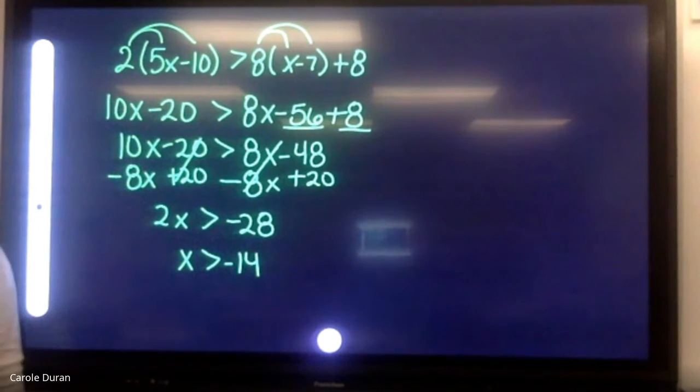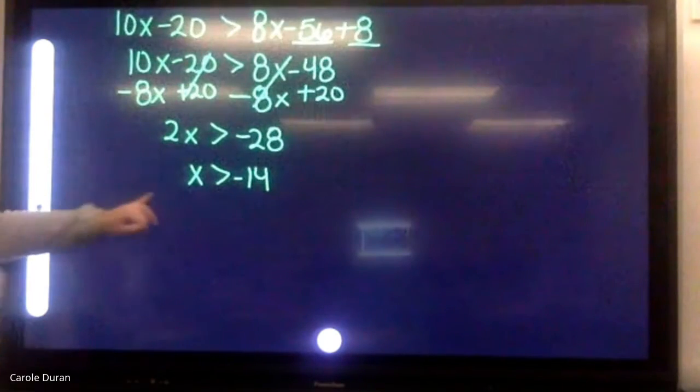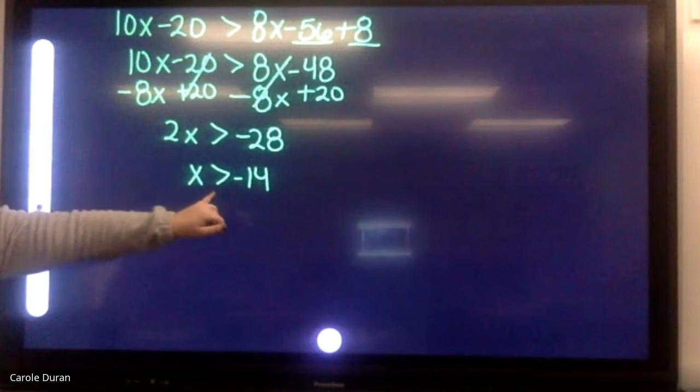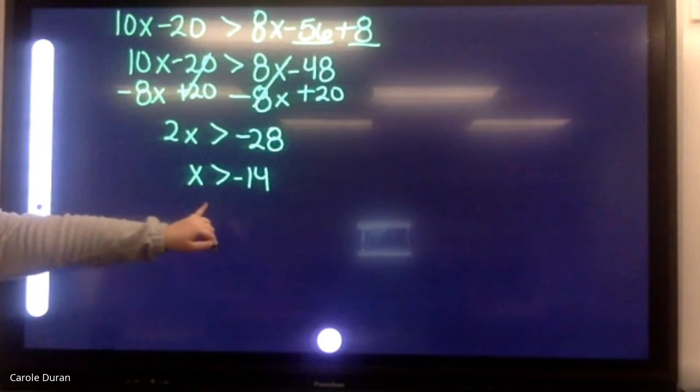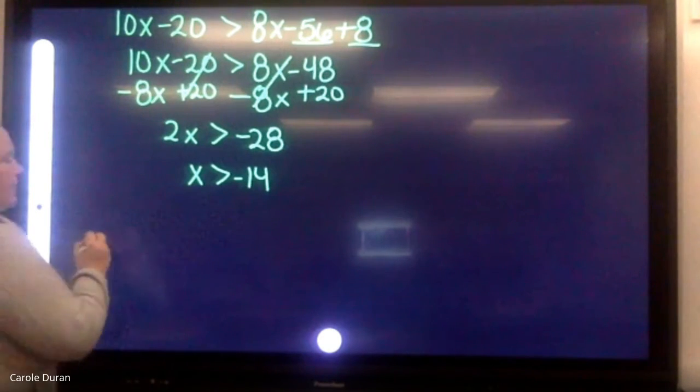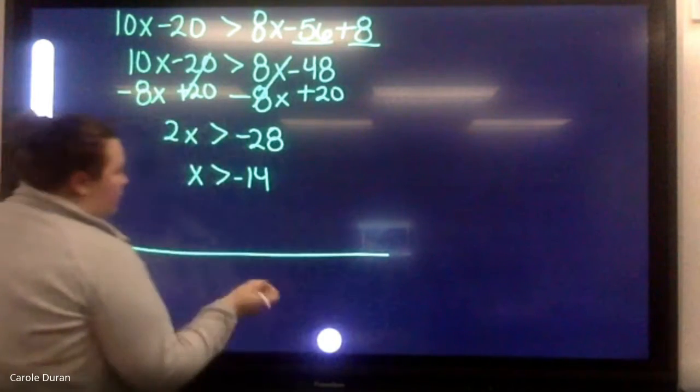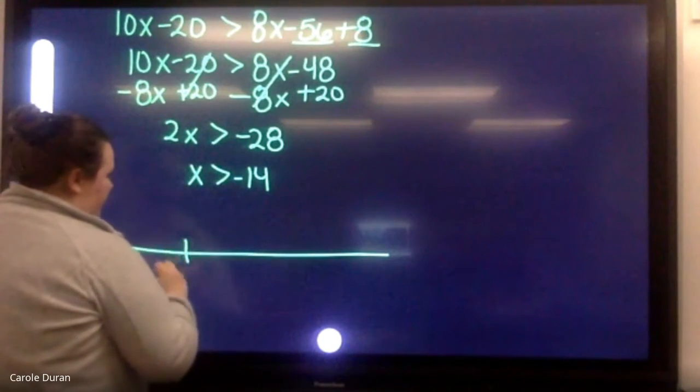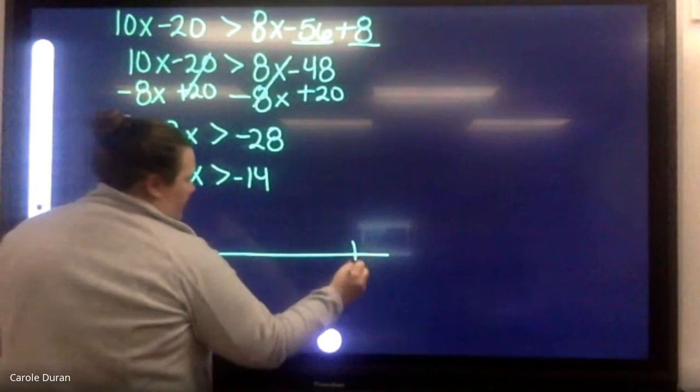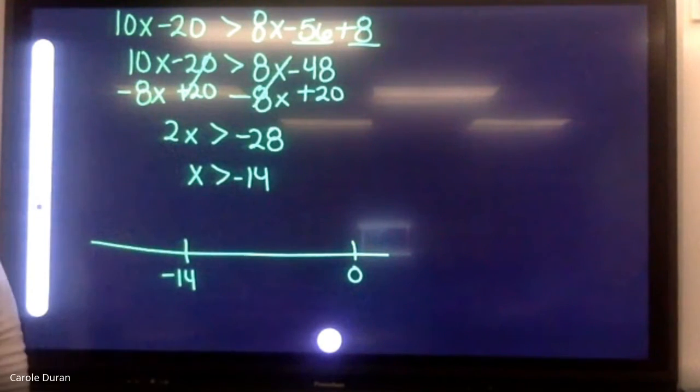The really cool thing about inequalities and graphing is that if I solve this out and my variable is on the left-hand side, the arrow tells me which direction I'm shading. So on the number line, I go to wherever negative 14 is. We'll say 0's over here. When I graph it, I'm either putting an open circle or a closed circle.